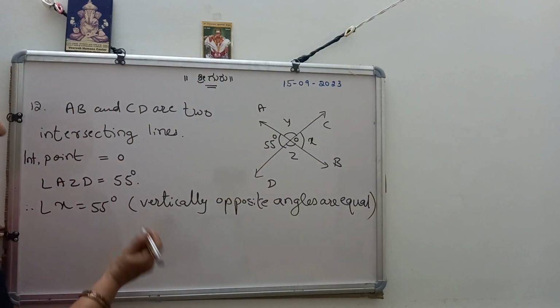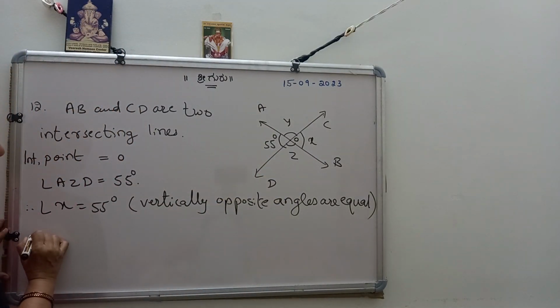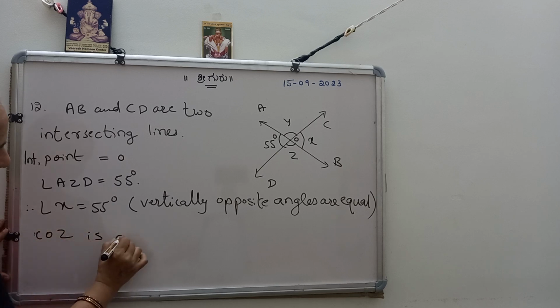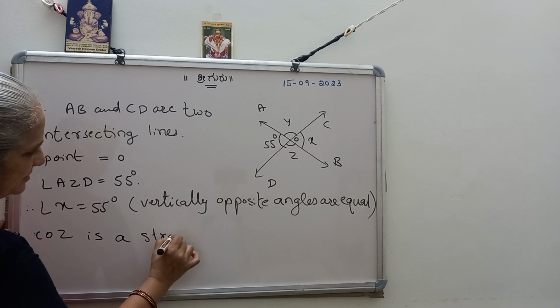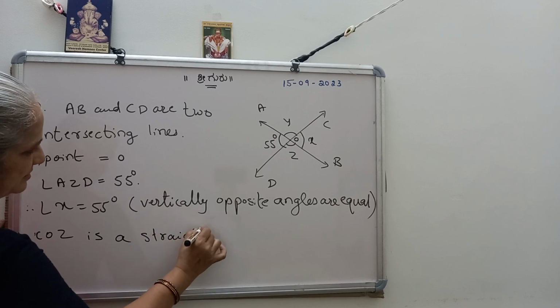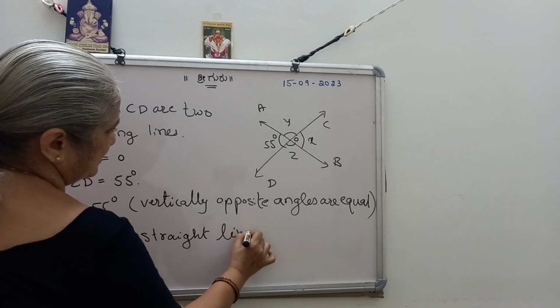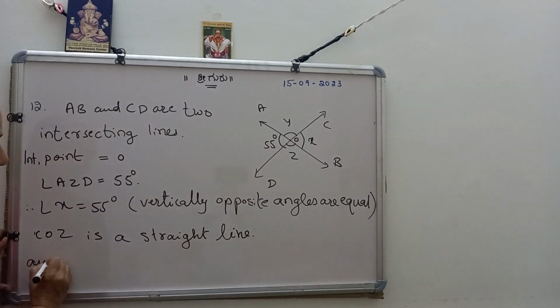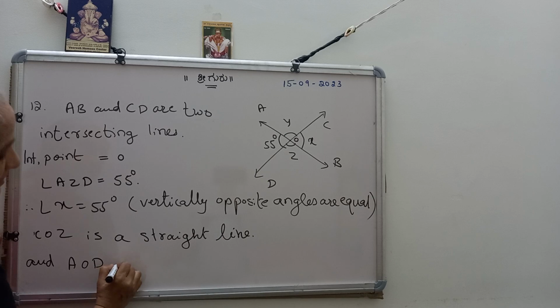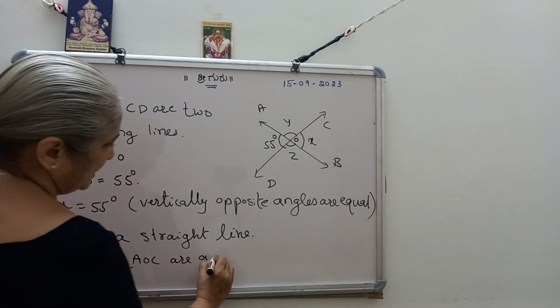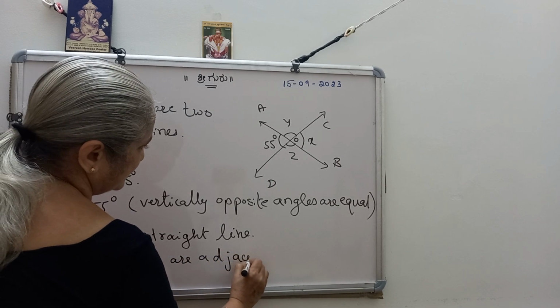Now, what about y? How to find y? COD is a straight line, and angle AOD and angle AOC are adjacent angles.